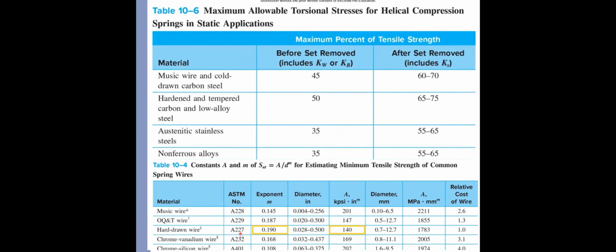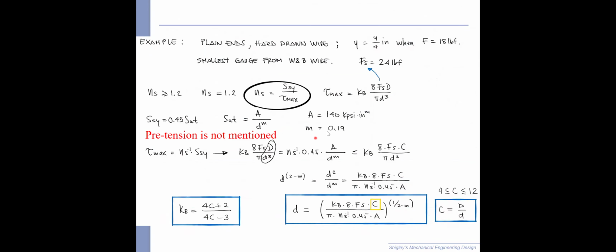For this wire, exponent m equals 0.19 and A equals 140. So we have these two numbers, and the maximum shear equals SSY divided by the safety factor, and the maximum shear equals KB times this term.